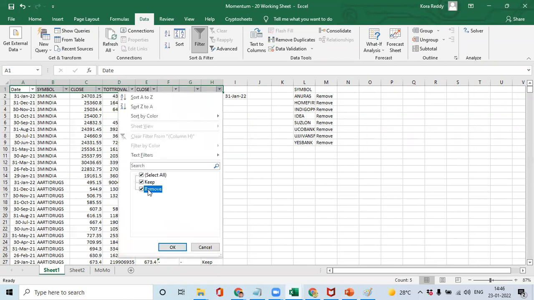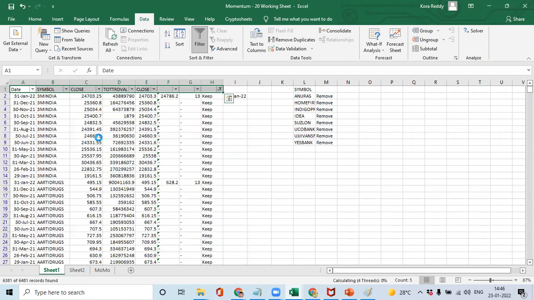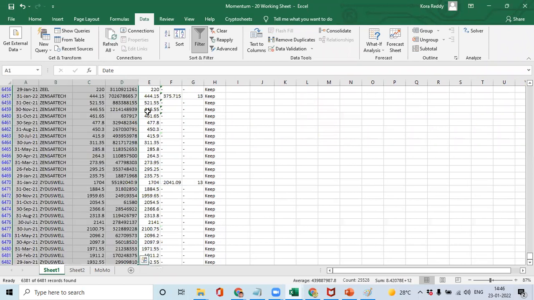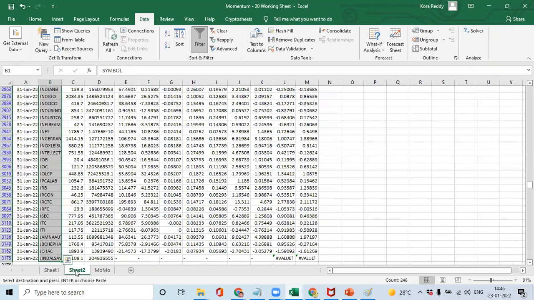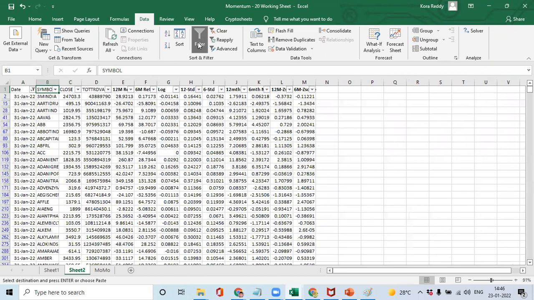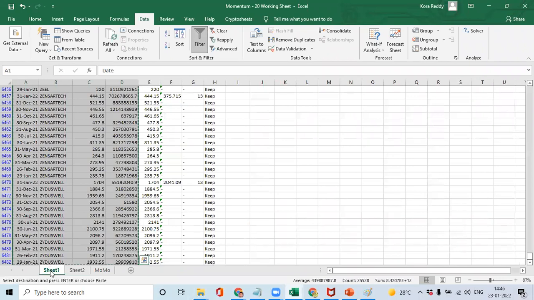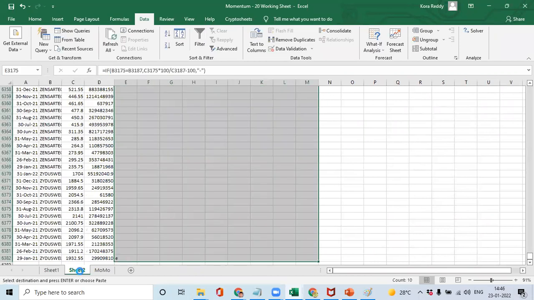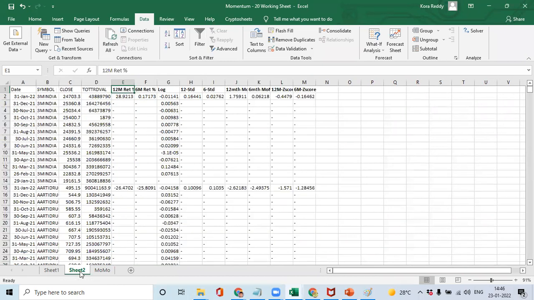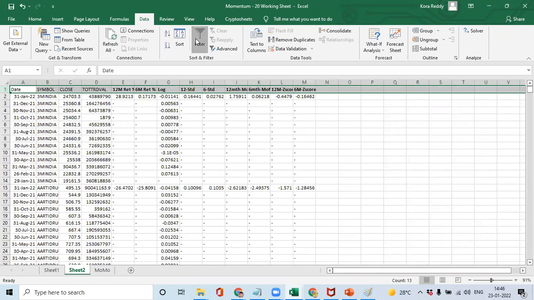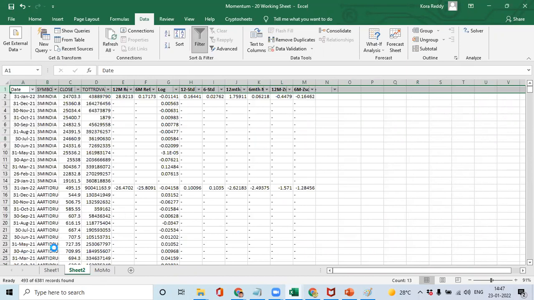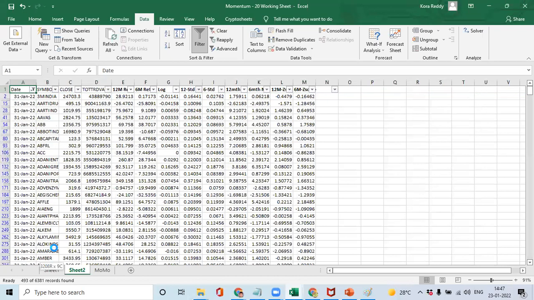Keep. And then it will work now. Yeah, now there are 500 companies.